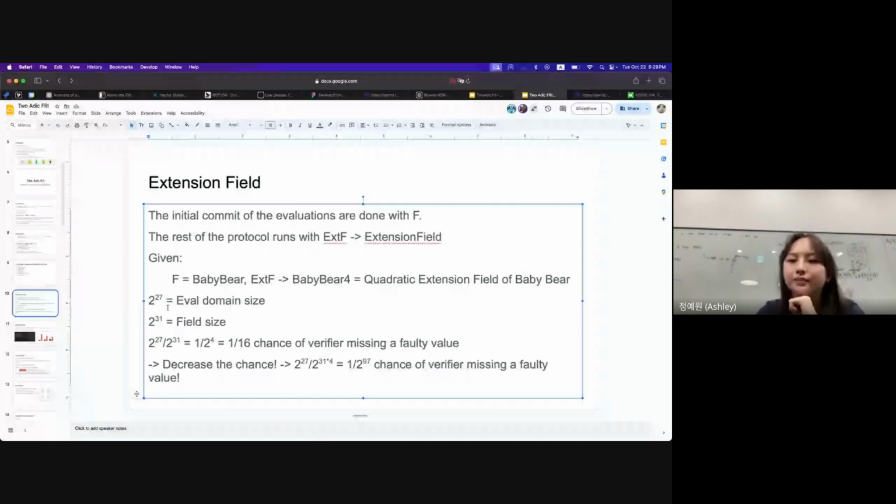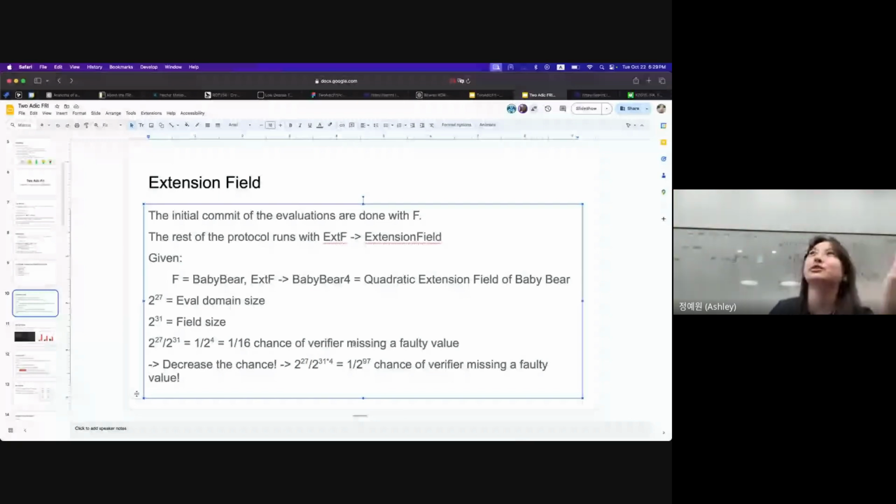The reason this is done is because our evaluation domain size for BabyBear would be 2 to the 27, and our field size for BabyBear would be 2 to the 31, and this ratio, evaluation domain size over field size, is a chance of the verifier missing a faulty value. So we want to improve the verifier's chances.